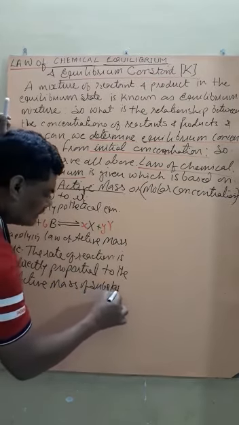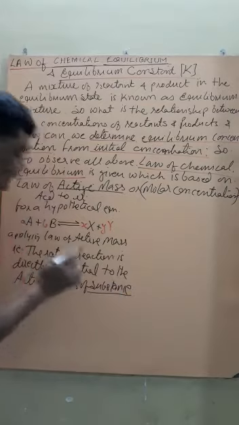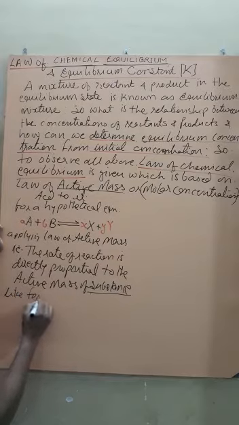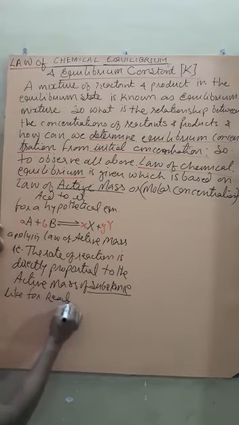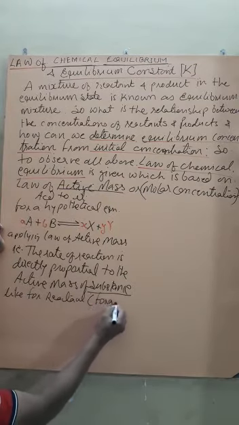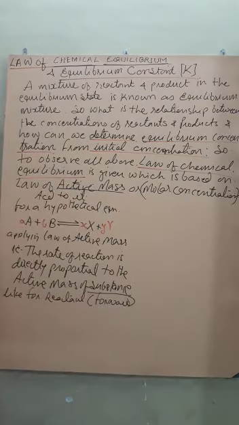Now, substance here means we can deal with two things, reactants as well as products. Like for reactants, that is the forward process, write it for the forward process.